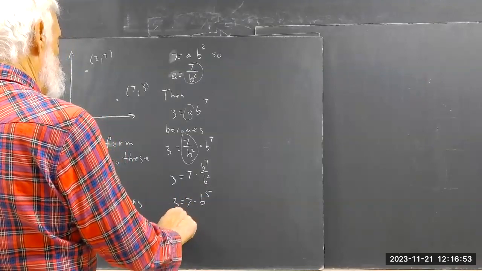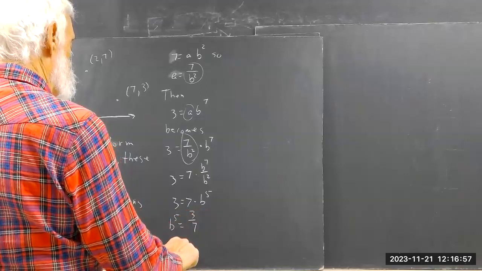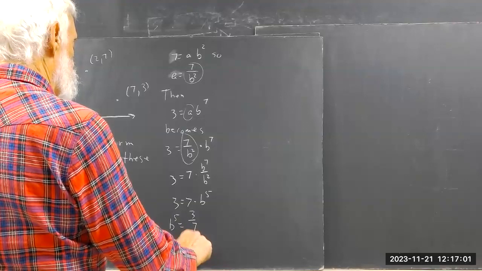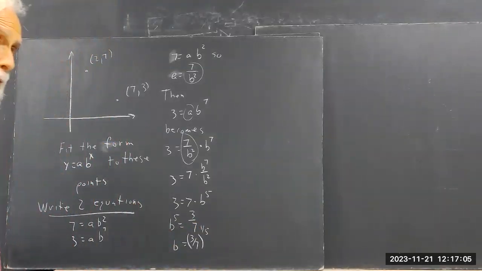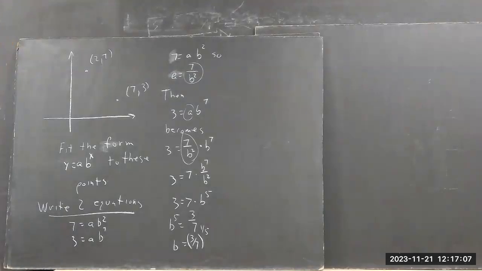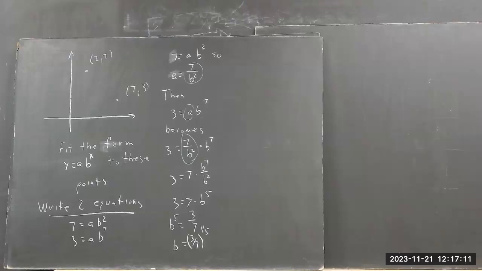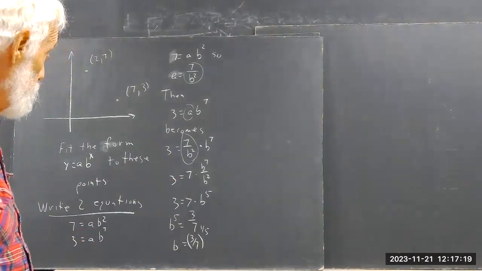So b to the fifth equals 3 over 7, and b equals 3 over 7 to the 1/5 power, which you approximate on your calculator. Now you're going to need to look at the videos where I do all the intermediate steps and explain this, but that's just straightforward algebra. So it's explained in more detail.